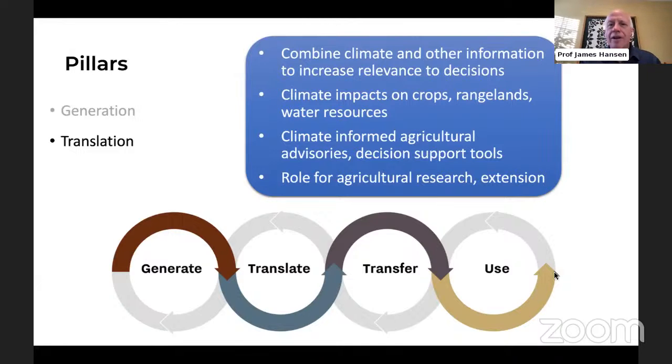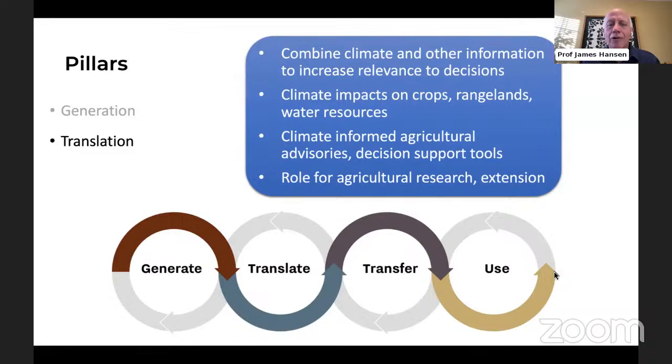So generation in each country has a public sector institution, the National Meteorological Service, that's clearly responsible for that role. It's a little bit less clear in the case of translation, but if we think outside of the area of climate, in general, agricultural research and extension systems play the role of developing agricultural management advisories and communicating them.